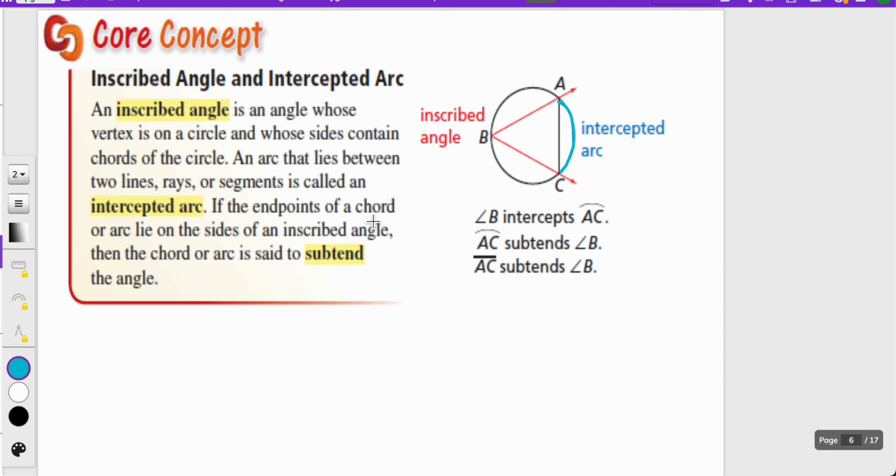If the endpoints of a chord or an arc lie on the sides of an inscribed angle, then the chord or arc is said to subtend the angle. So angle B intercepts arc AC, but arc AC subtends angle B, and segment AC subtends angle B.